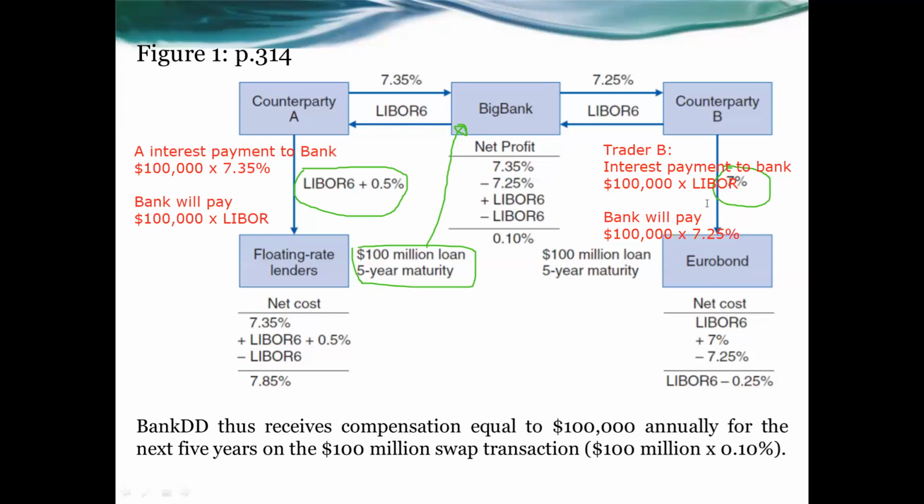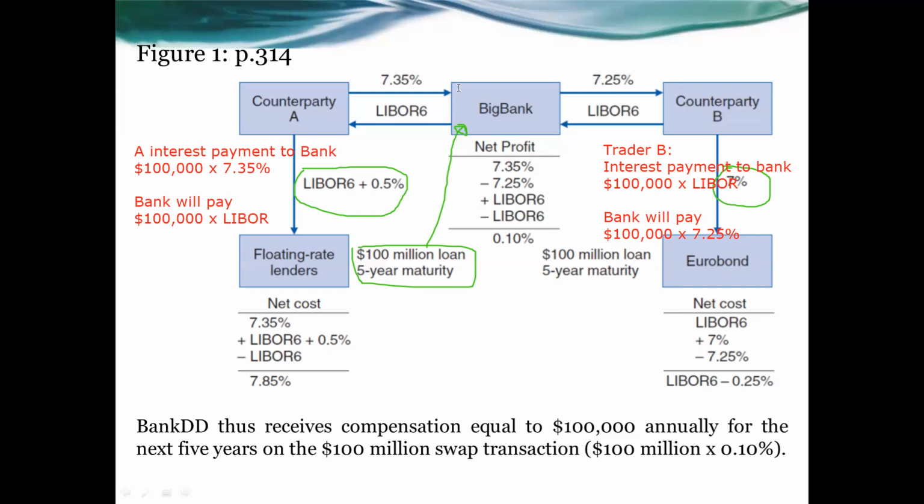Trader B, for his 100 million borrowing, will pay the bank a flexible interest rate. As a return, the bank will pay him a fixed interest rate. So this is happening as a swap.